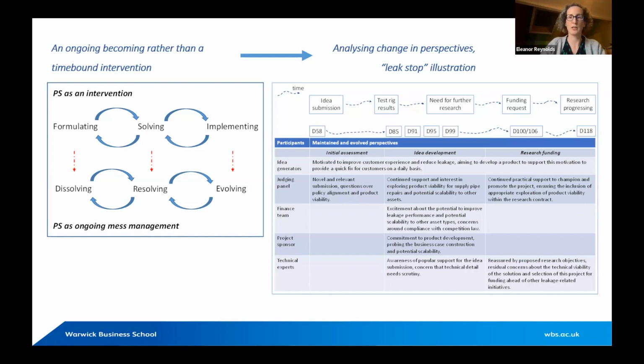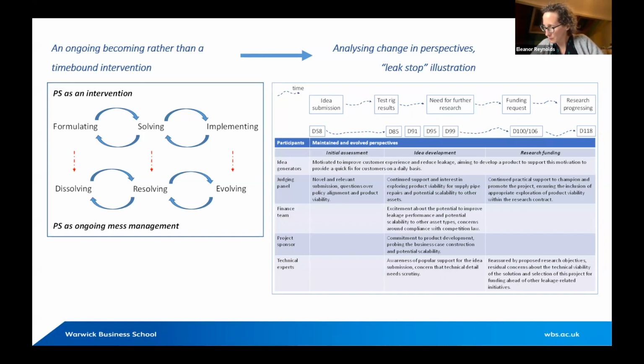But actually, in the scenes of action that I was observing, it was a continuous thing. It was never-ending engagement in this. So this was perhaps, I suppose, the tail end of my analysis, where I just had a couple of illustrations of this idea rather than a fully detailed analysis.